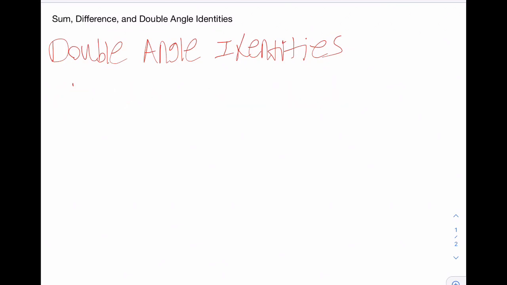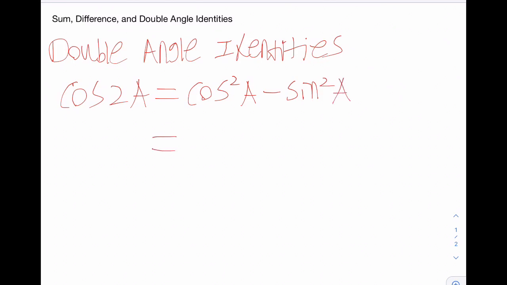Now let's look at cos of 2A. Now cos 2A is different because this can be expanded into 3 different forms. So the first form is going to be cos squared A minus sine squared A. And the cos 2A can also become 2 cos squared A minus 1.